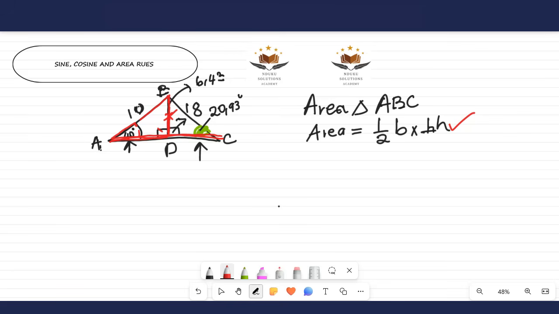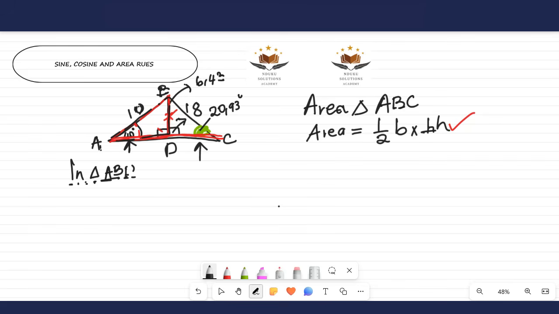Let me use the first triangle, ABD. Because I have an angle and I'm looking for the adjacent side, I will use cos for now. You can also use tan, but let's use cos.